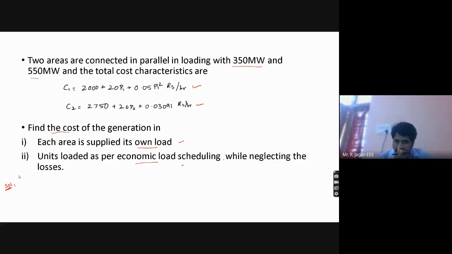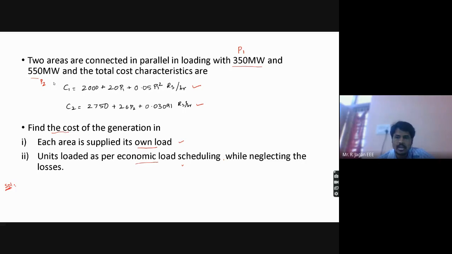So here we are going to find the cost of generation. First one is each area allocated its own load. What is the own load here? One generator has load P1 and another has load P2. These are the own loads allocated.